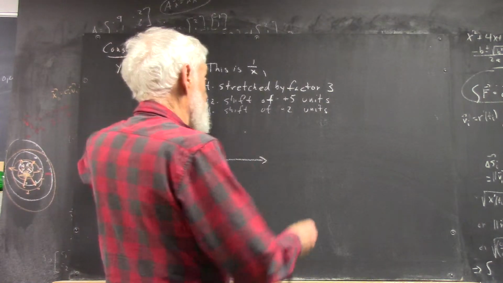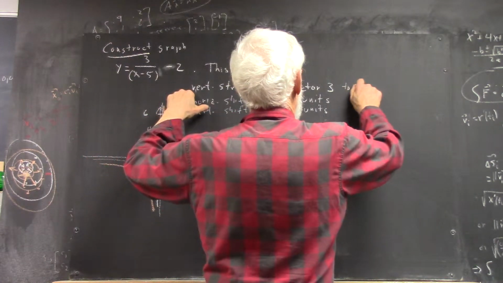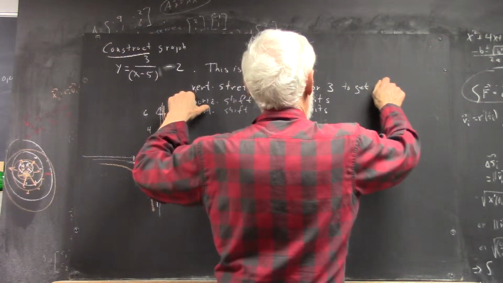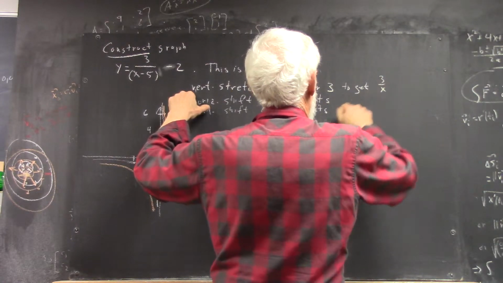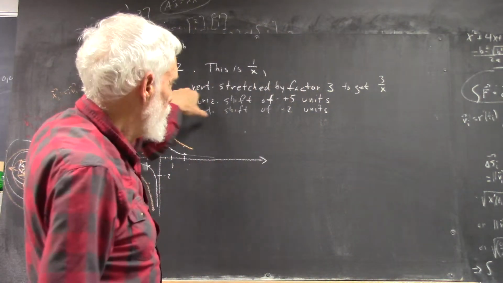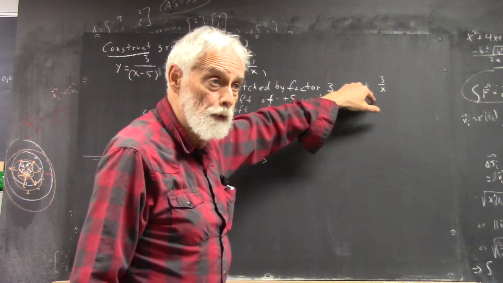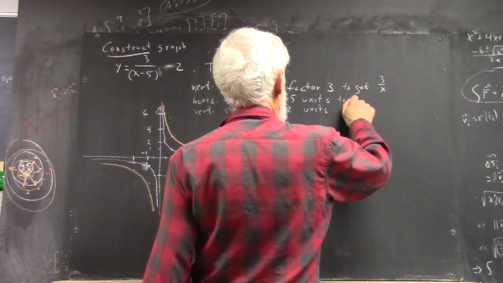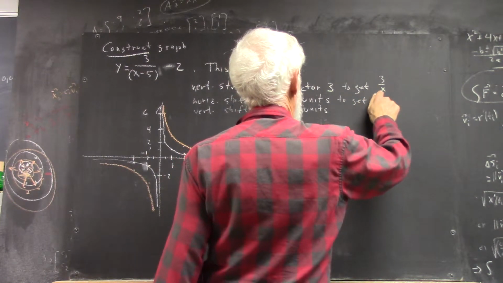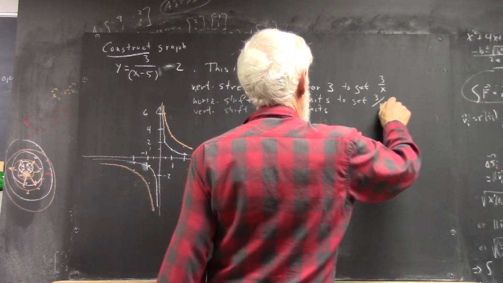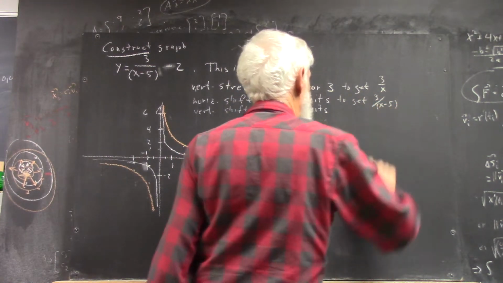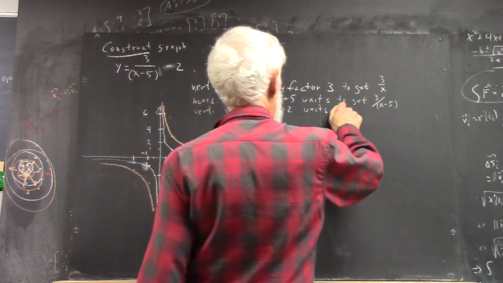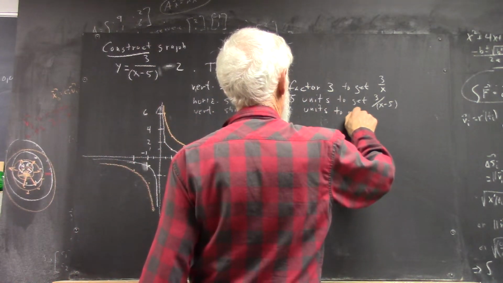Now, I'm going to add some to this. If we vertically stretch by factor 3, we get 3 over x. Horizontally shifting 5 units gives us 3 over x minus 5.